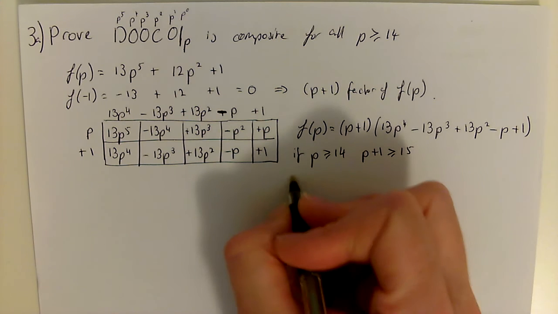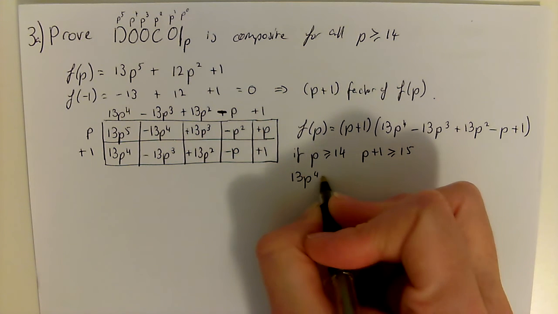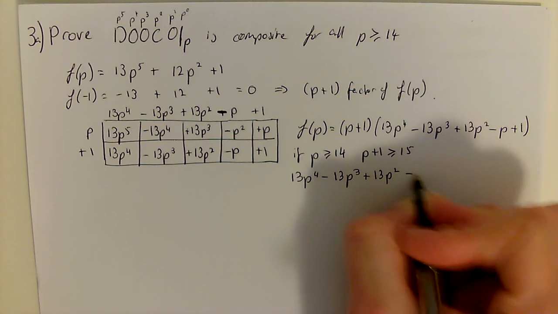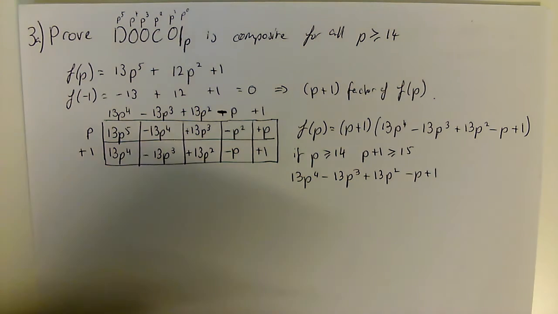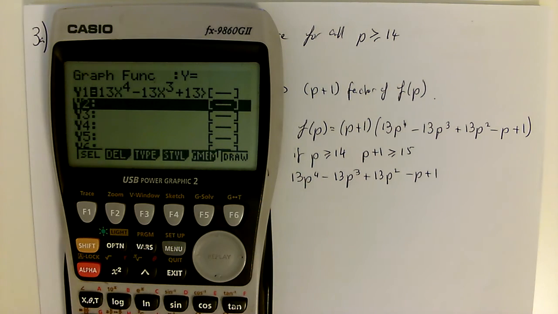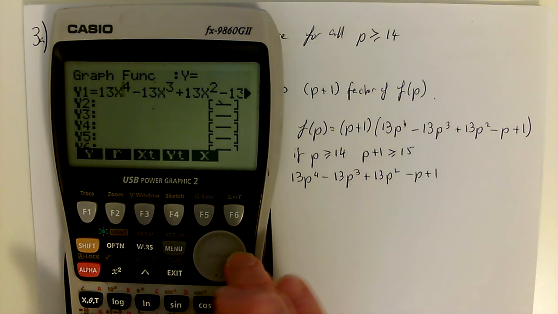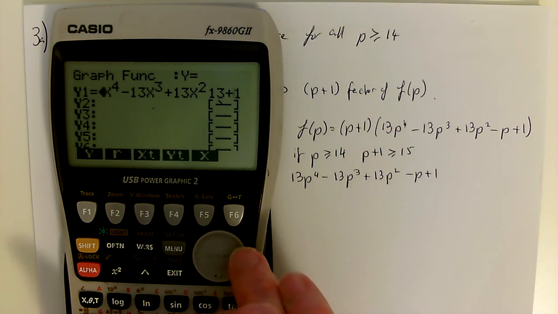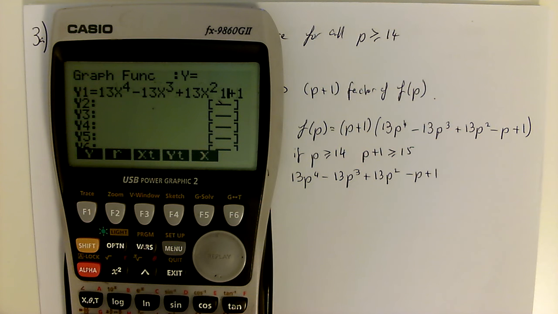And then if we look at this quartic, 13p to the 4 minus 13p cubed plus 13p squared minus p plus 1, I'm going to have a look at that on my calculator in graph mode. So I've got 13x to the 4 minus 13x cubed plus 13x squared, and then minus x plus 1.